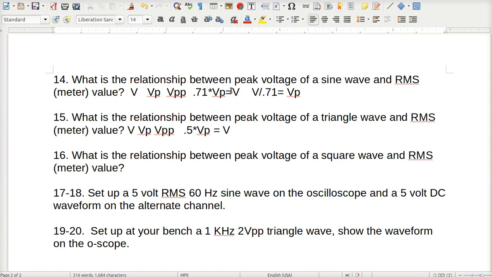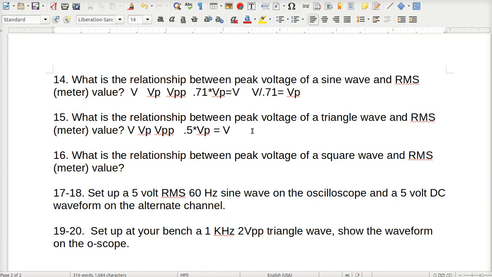So just like in the sine wave, my RMS value will always be lower, but my factor is different because I have a triangle wave versus a sine wave. And I can do what I did over here.